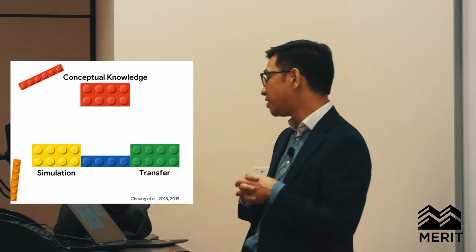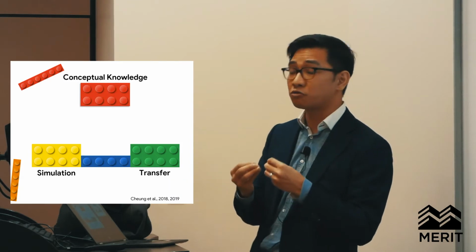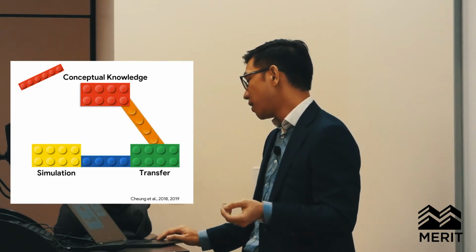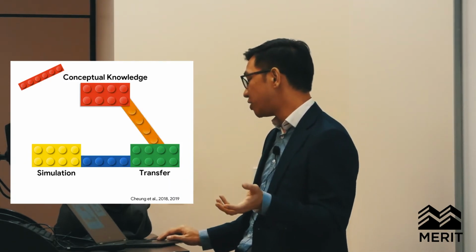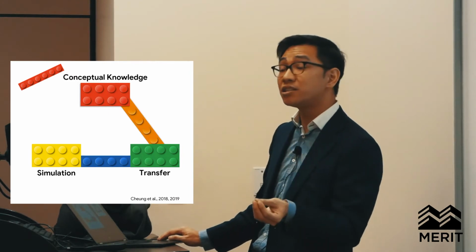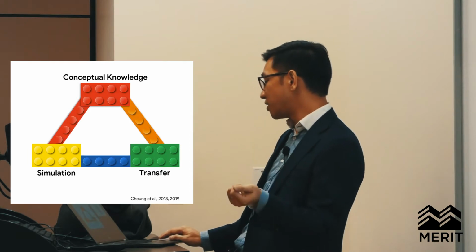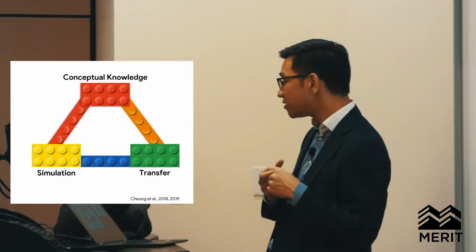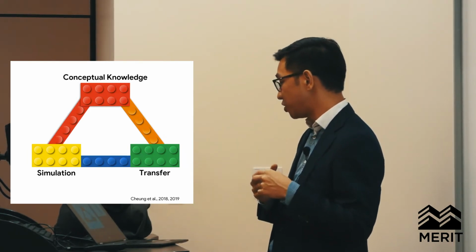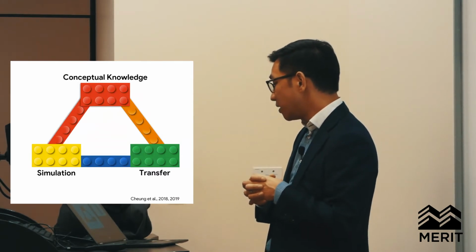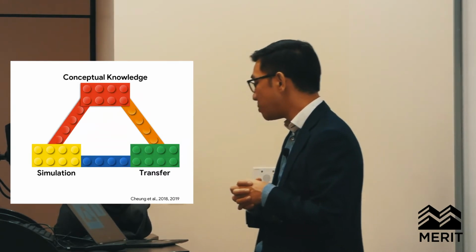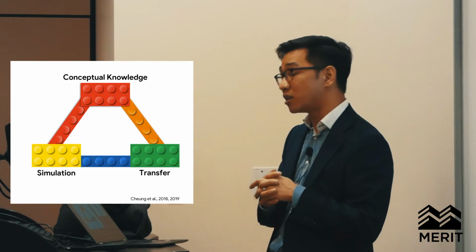And this can be done by considering the learning mechanisms that support transfer, and from there, designing our simulation-based instruction to support transfer by supporting these learning mechanisms. So in contrast to calls for greater realism, what my work argues really is that simulation design should be about supporting the mechanisms that enhance transfer.